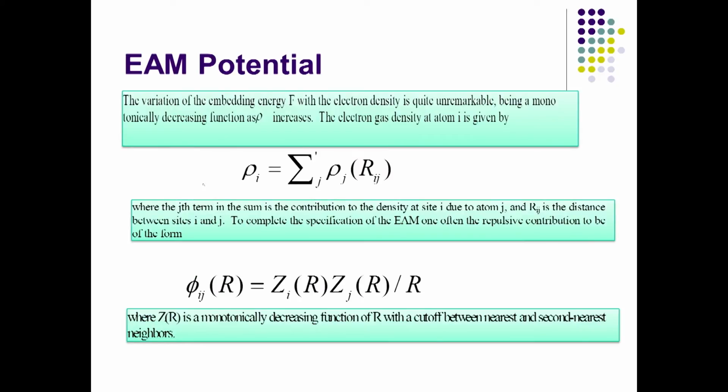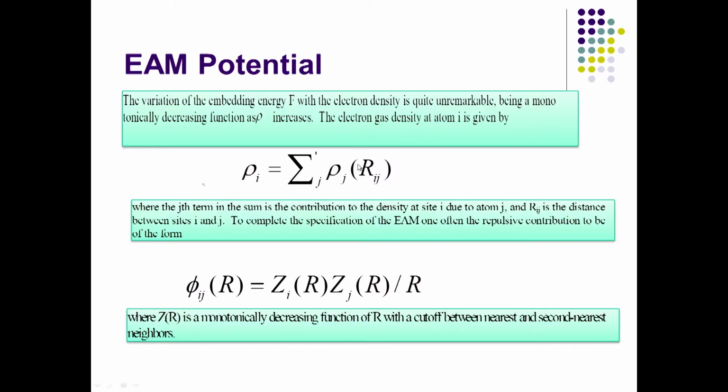So, if you go to the next slide, what you observe now, we look at the embedding energy function F with the electron density, quite remarkably being a monotonically decreasing function as rho increases. So, we are looking at the density of states. So, it is based on the density functional approximation, which has been put right into it, and this rho is the density function that is describing the density of states of the electronic cloud that you are dealing with.